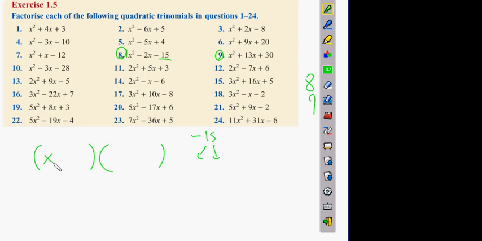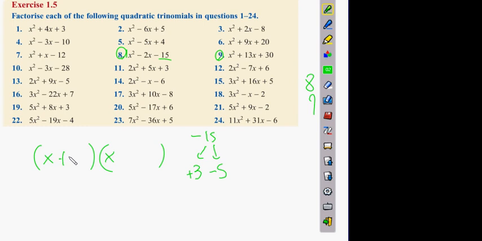There's an x in each bracket, and then we have to figure out what two numbers add together to give you minus 2, but when you multiply them they also give you minus 15. 5 and 3. And which one should be minus? 5. Minus 5 plus 3.